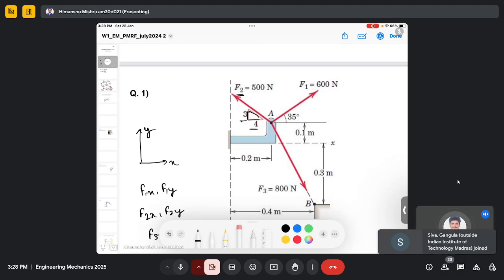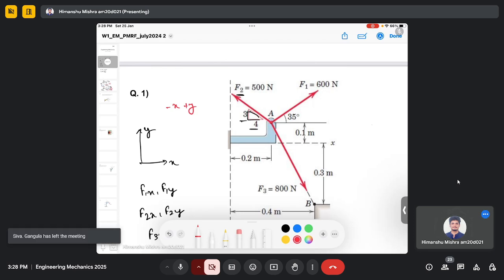Now let's calculate the components of F2. You can see the direction of F2 is along minus x-axis and positive y-axis, right? Because if I consider my coordinate system, like this is my x, this is minus x, this is y, and this is my minus y, you can see it is pointing in the minus x direction and the positive y direction.